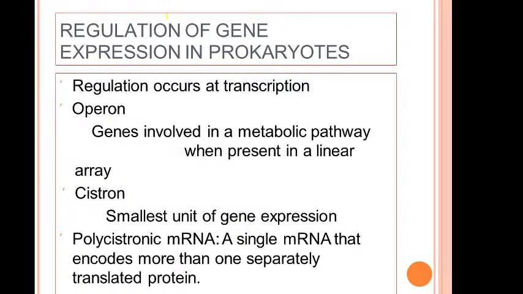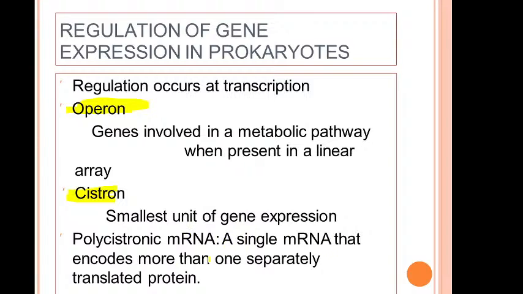So, we have regulation in case of prokaryotes. We have the operon there. Now, what are operons? When we combine two or three genes together, genes involved in a metabolic pathway are present in a linear array. Cistrons are there. What are cistrons? The smallest unit of gene expression is known as a cistron. What is a polycistronic mRNA?